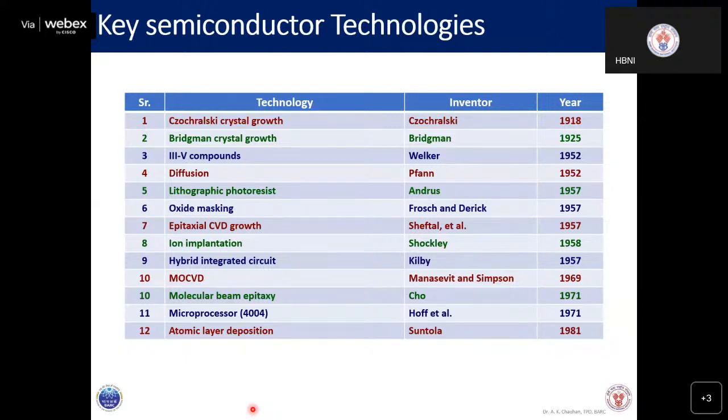That has also helped a lot in developing speed, and masking, epitaxial CVD growth, ion implantation, hybrid integrated circuits, MOCVD, molecular beam epitaxy, and the microprocessor. Now we see so many computers where every 6 months the speed is increased greatly, and then ALD.